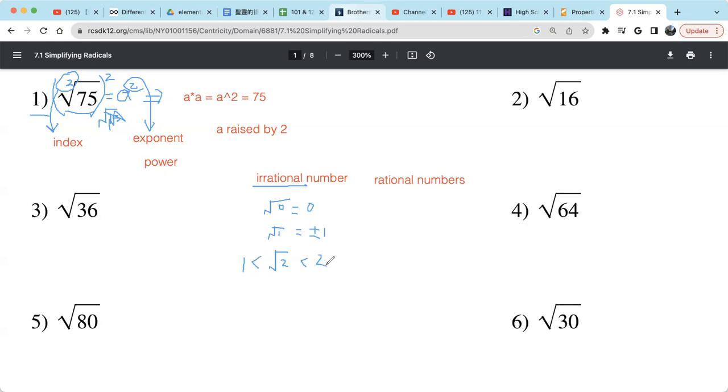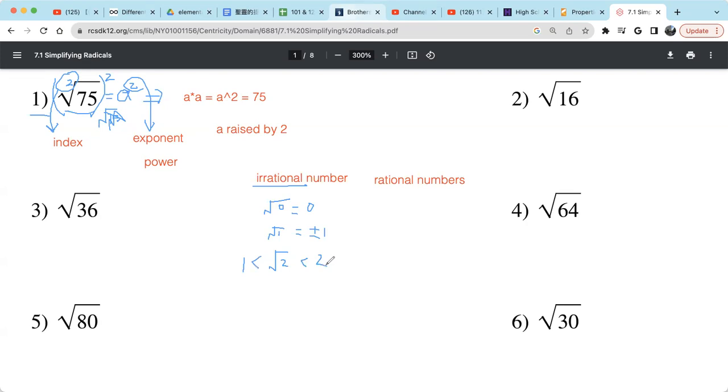With a better, more expensive calculator, you get more decimal digits. The digits never end. There's no pattern, and it doesn't repeat.